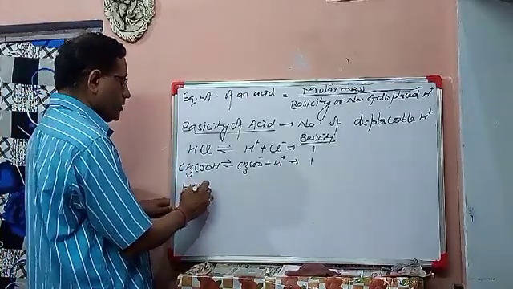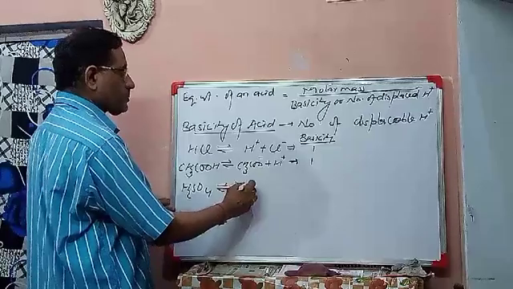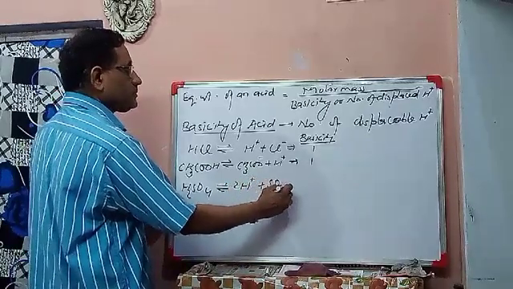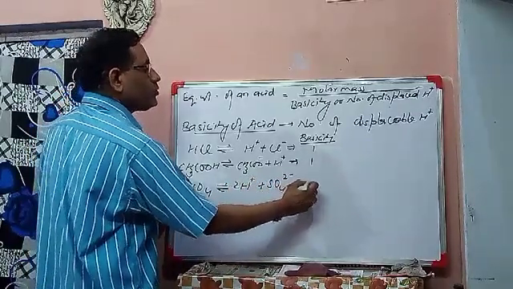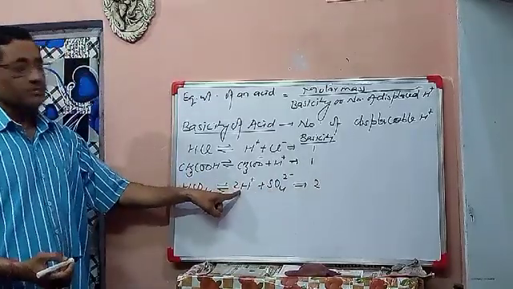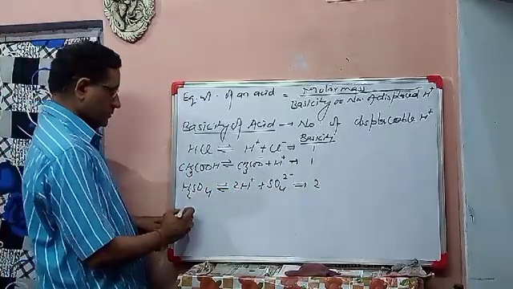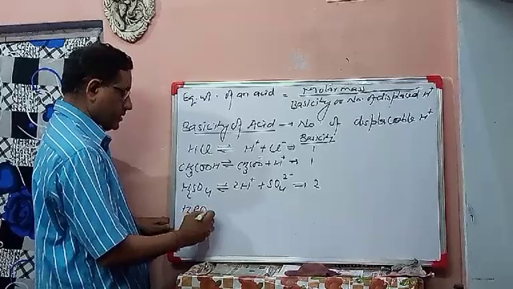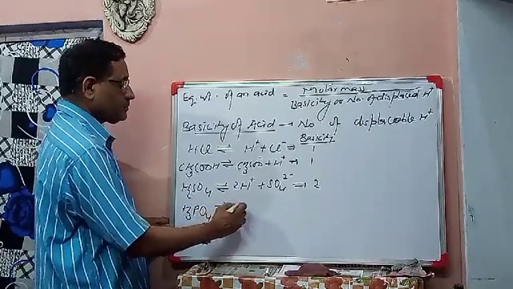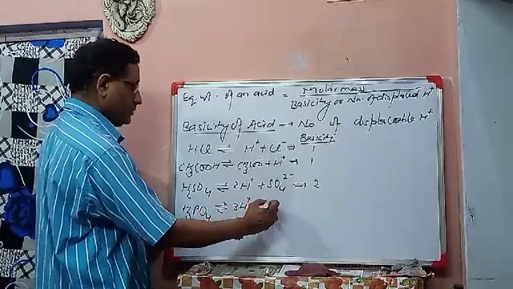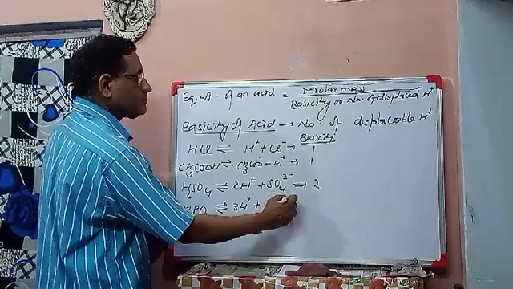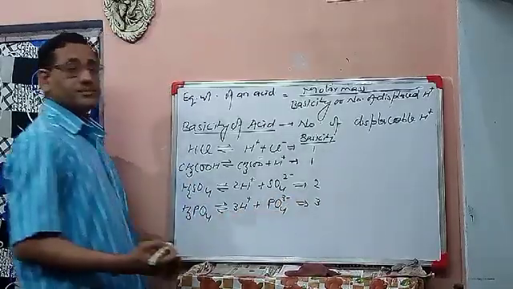If you take H2SO4, the number of displaceable hydrogen ions is 2. So basicity is 2. In the case of phosphoric acid, in the same way, there are 3.